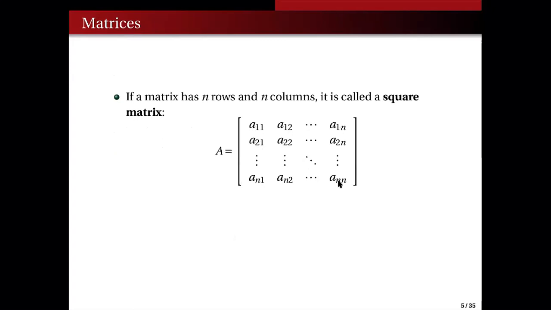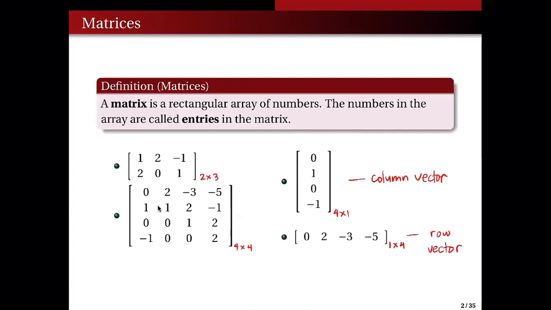So you have a square matrix. So this guy here is a square matrix. 4 rows and 4 columns. Okay? Questions?